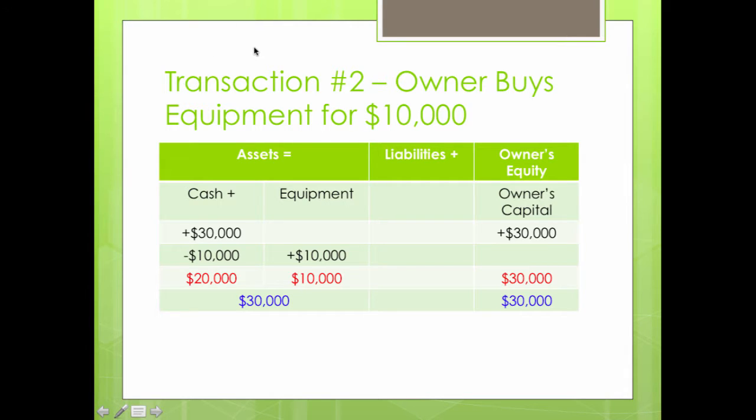Well, you know it's cash because it is either directly implied in the event information or otherwise the form of payment is identified as credit if it's not cash. In this case, it doesn't say credit, so we know that this is purchased with cash. So it affects this account because the owner must pay for the equipment with cash, and you know that cash is part of the assets component of the accounting equation.